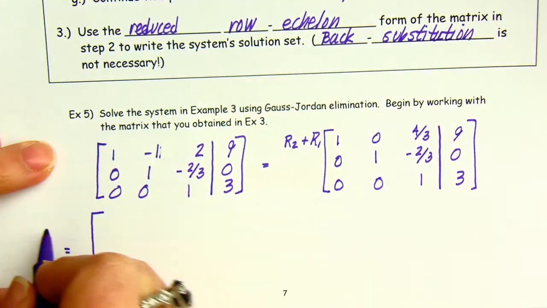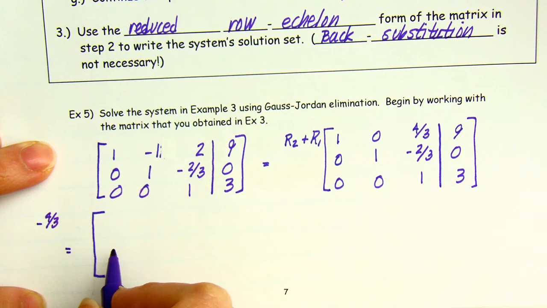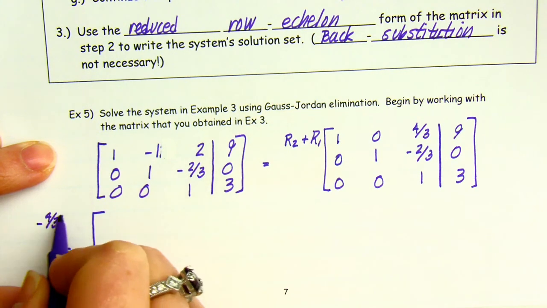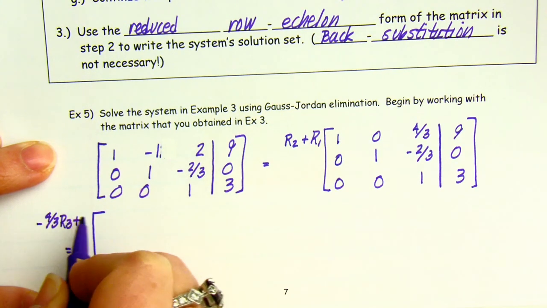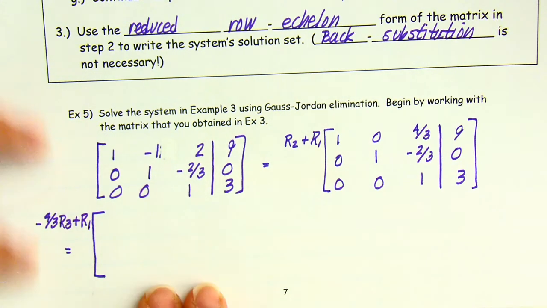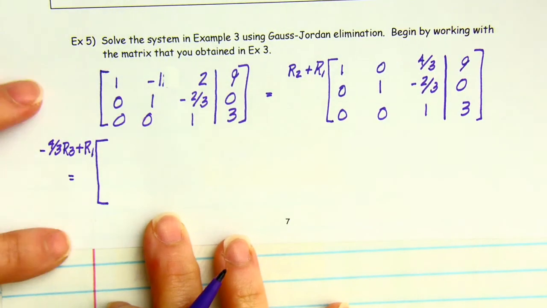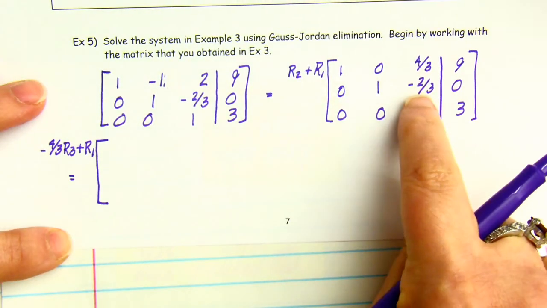So that means -4/3 times row 3, add it to row 1 gets replaced. How do I make this -2/3 entry become a 0?